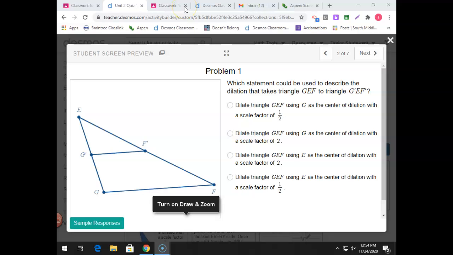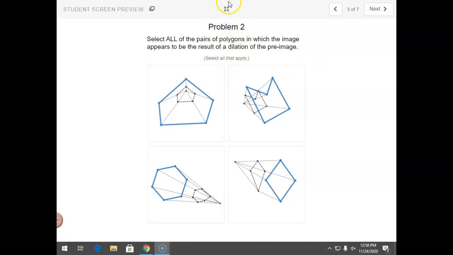Now, let me go to the next problem. All right, problem 2 here. What you have to do is take a look and say which ones are a dilation of a pre-image and which are not.